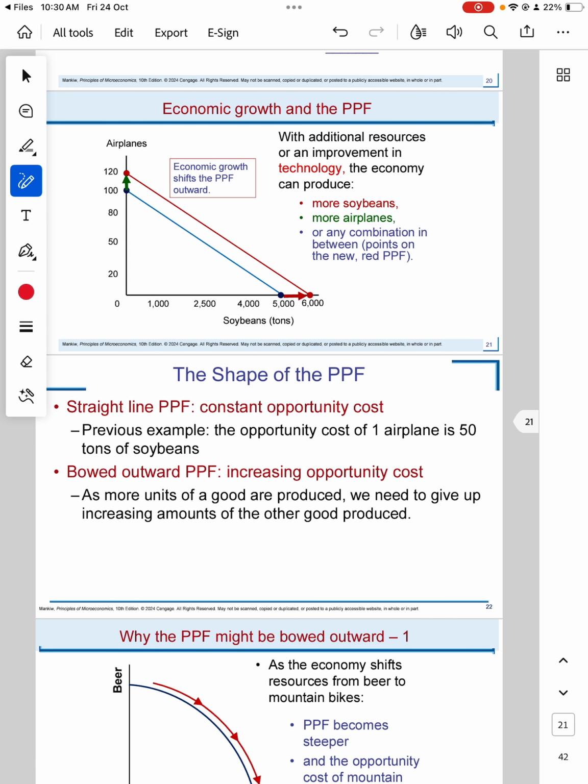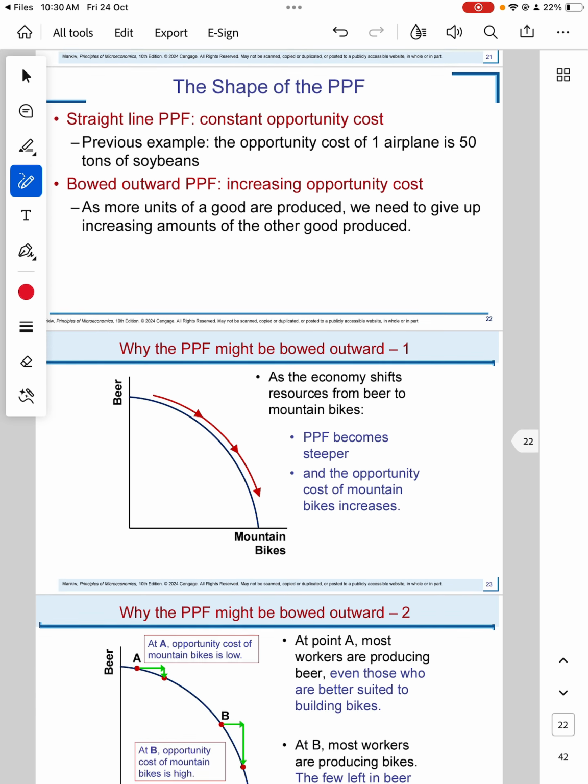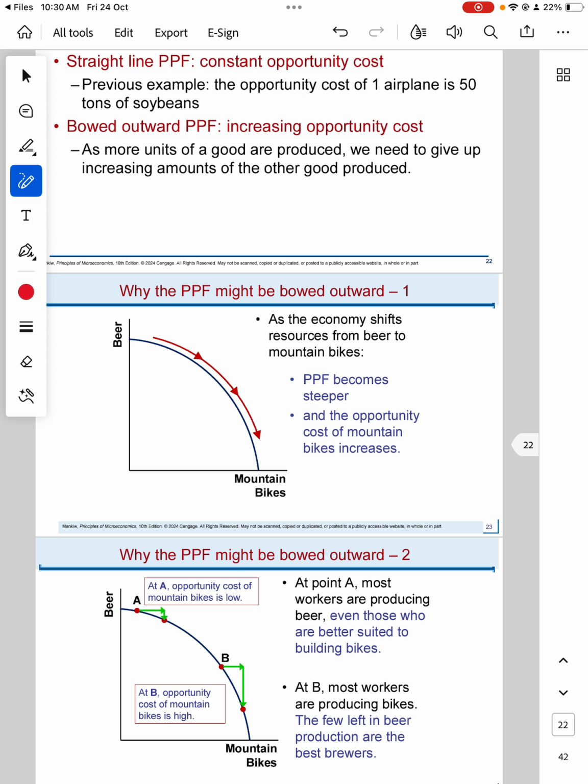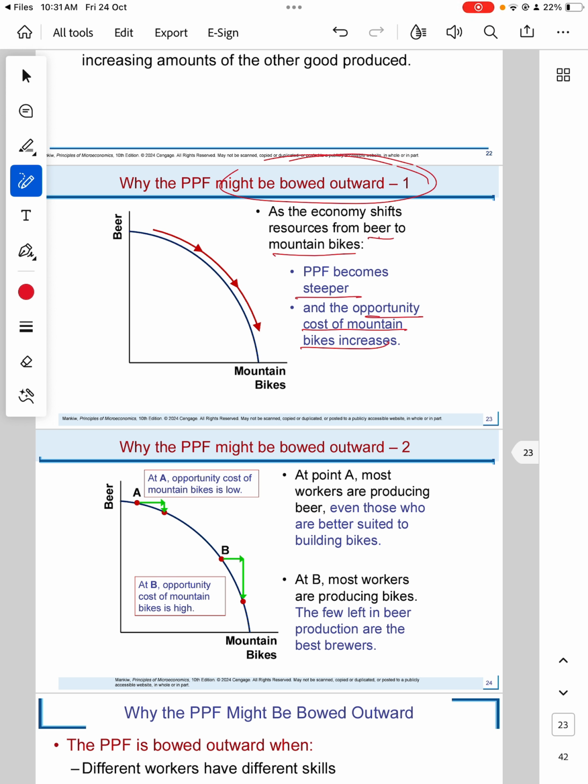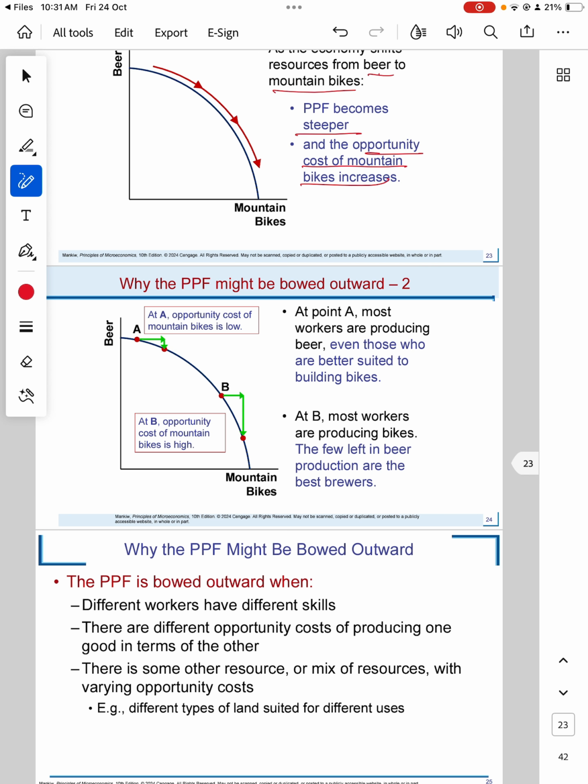Now we need to look at why the PPF might be bowed outward. As the economy shifts resources from bare to mountain bikes, the PPF becomes steeper and the opportunity cost of mountain bikes increases. This happens when a company changes the product it produces, so it needs to look at the production cost again. How does it impact the company to produce a new product as a replacement?